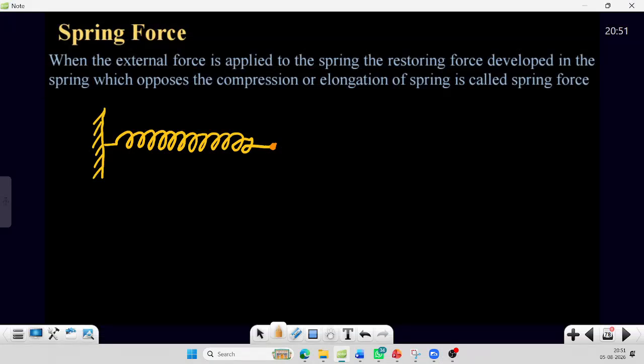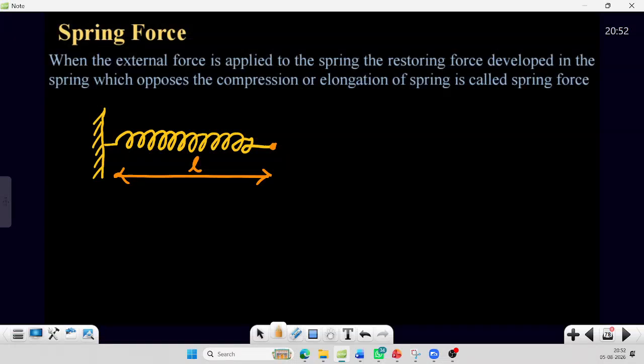Just imagine, one side is connected but no force is applied. Then the spring will have some length, which I'm calling L, and this L is called the natural length of the spring.